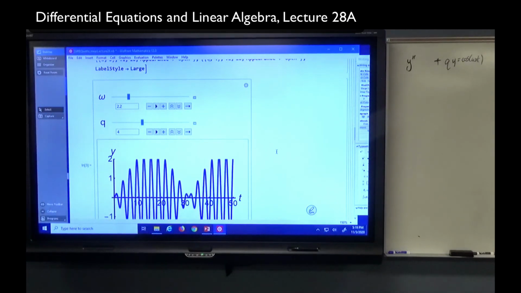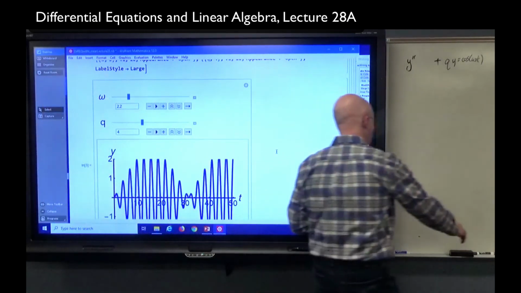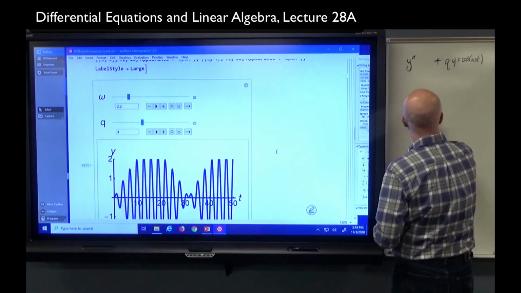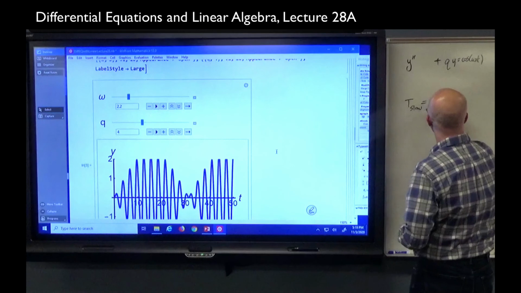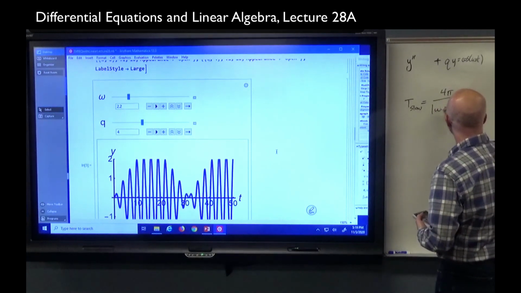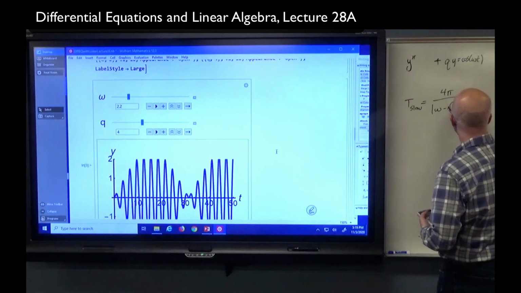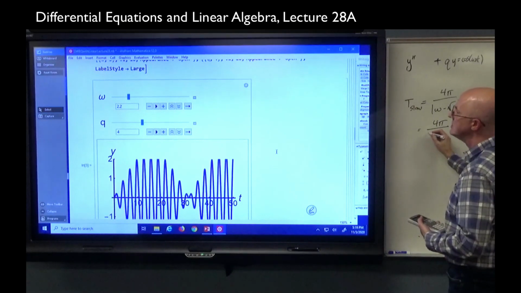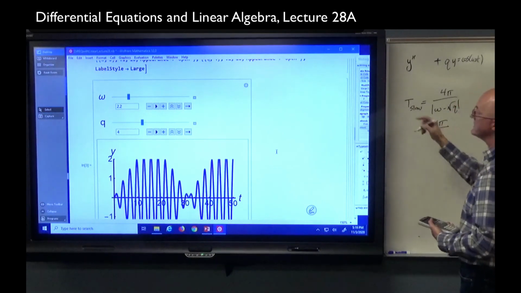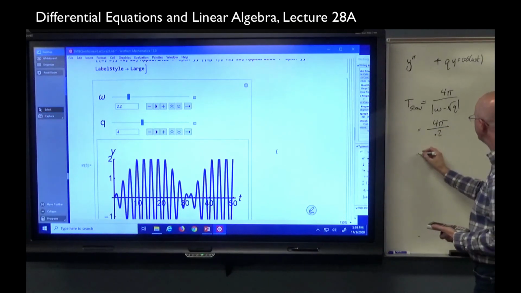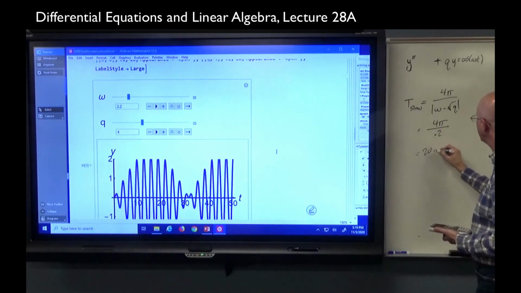Let me use my calculator to help me here. The period of the slow oscillation, T slow, was 4 pi over the absolute value of omega minus square root of q. In this case, that's 4 pi divided by the absolute value of 2.2 minus 2, the square root of 4, which is going to be 0.2. That'll be 20 pi.